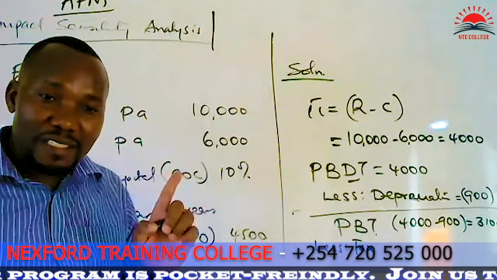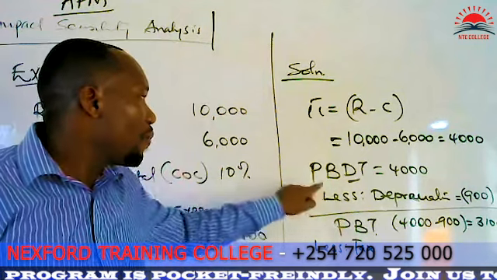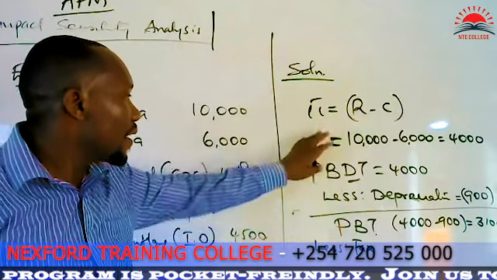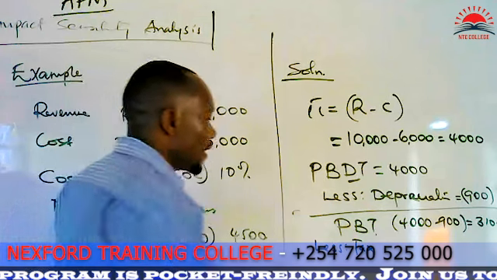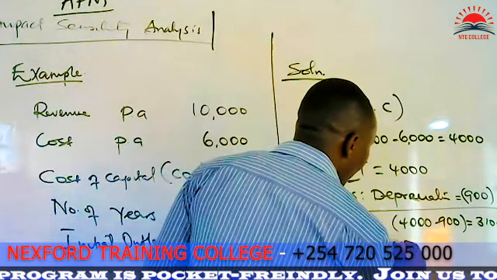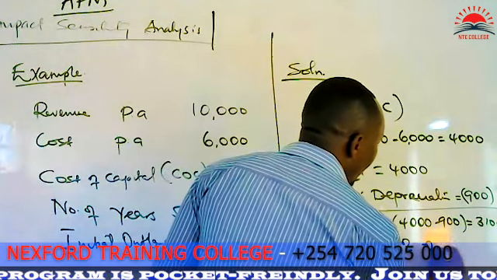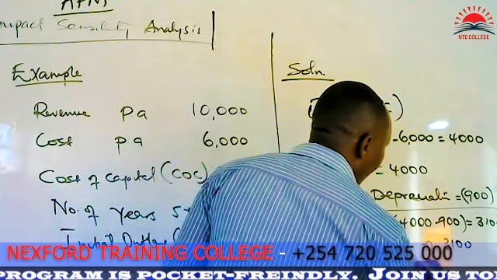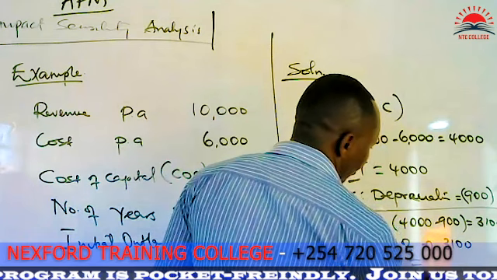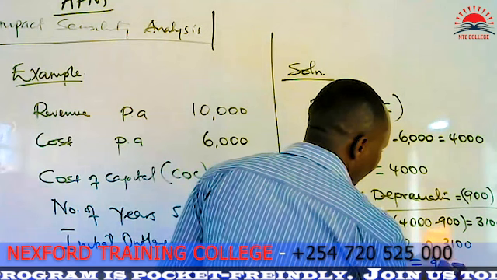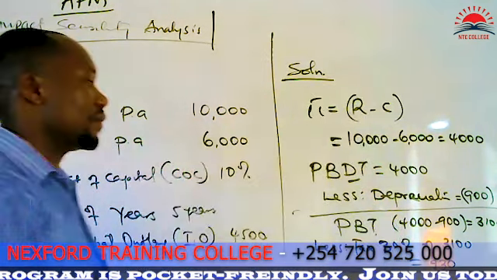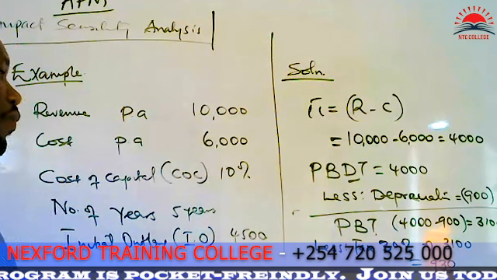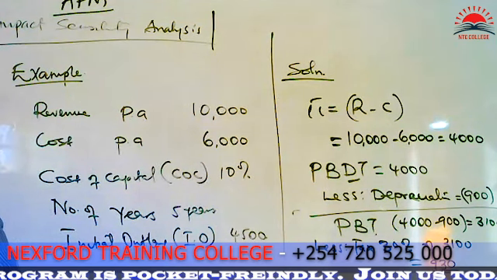But if they give you tax, then from the profit that you normally get, you minus depreciation, then now less tax. Tax is 30% of this, so you say 30% of 3,100, and that will be how much? 930.